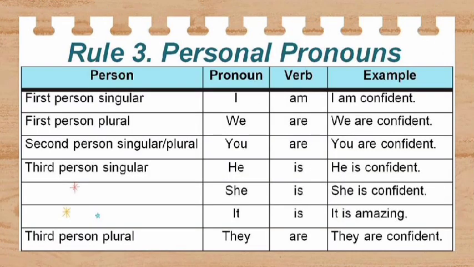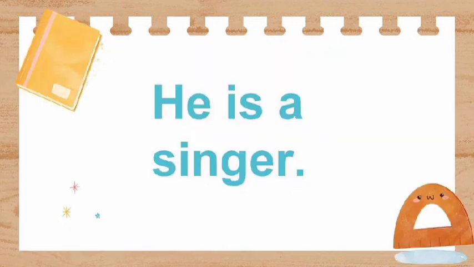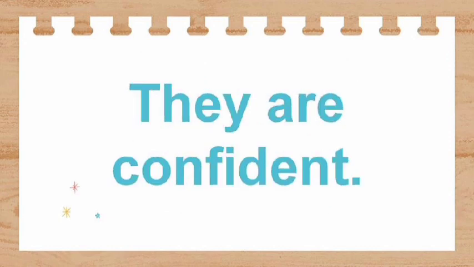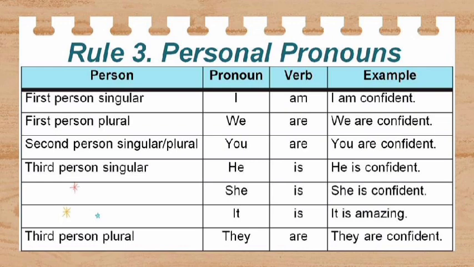In our rule number 3, we have these examples. He is a singer. We love amazing places. They are confident. Those are examples of rule number 3, which is personal pronouns.